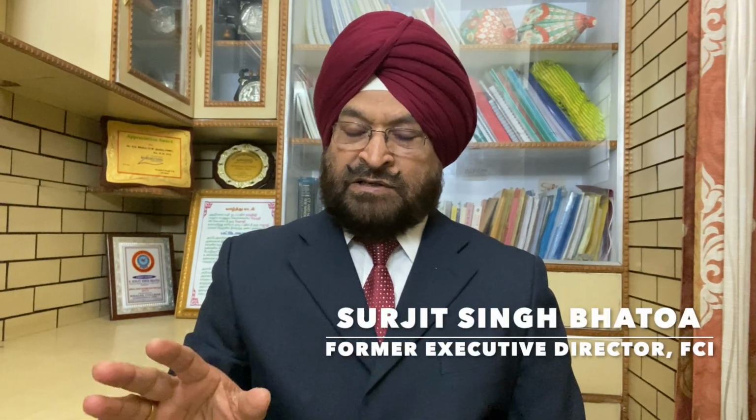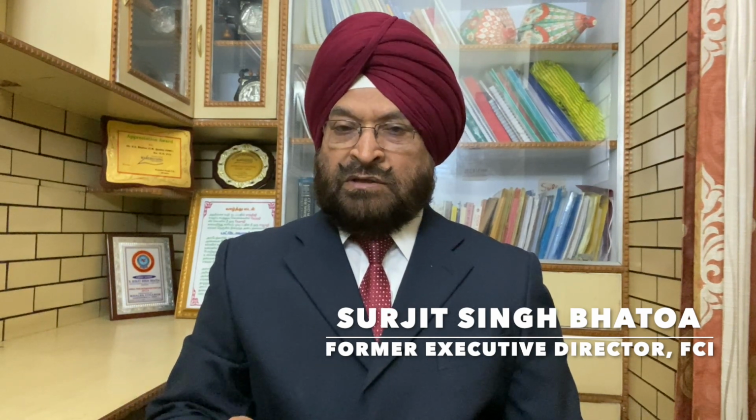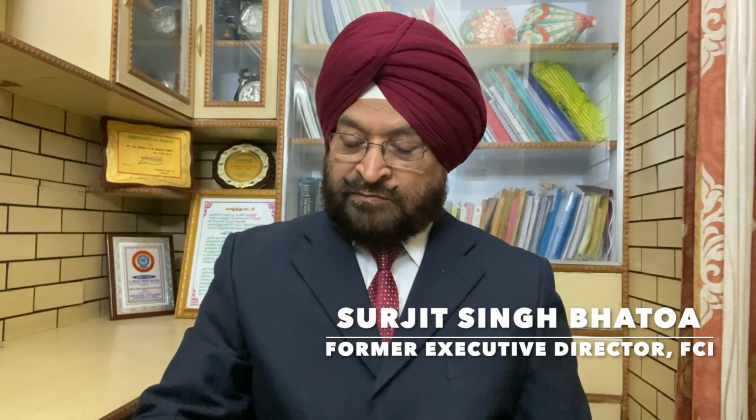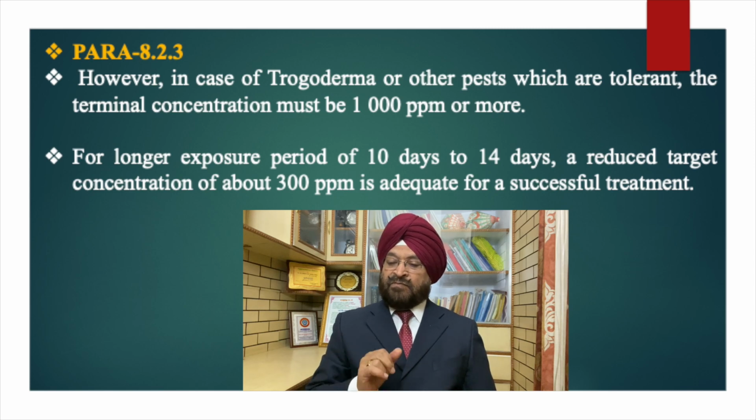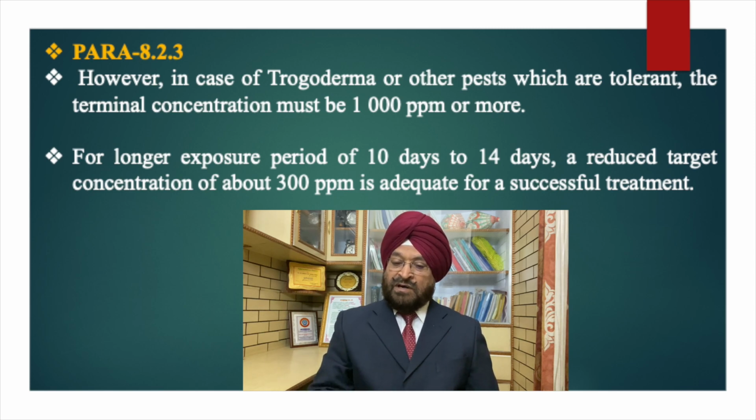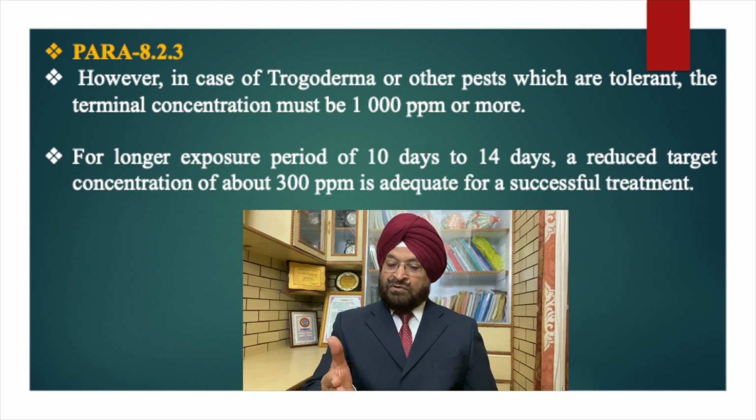This is for general insects. But for Trogoderma, the committee has specifically advised that the concentration of phosphine should be 1000 ppm or more. It should not be 500 as for general. So 1000 ppm, this is the point to be noted.